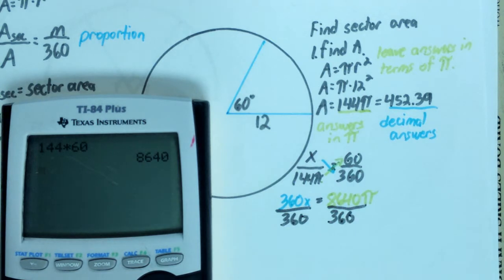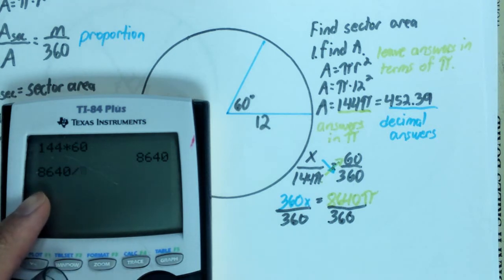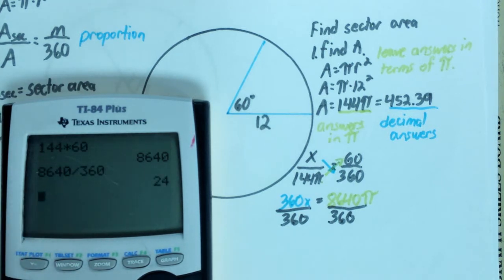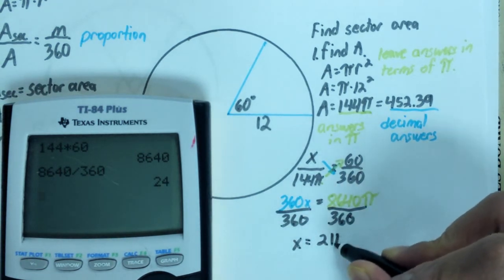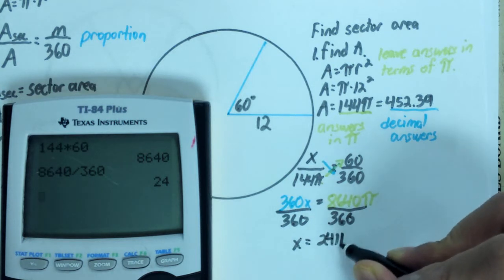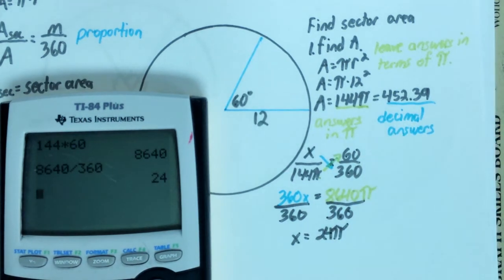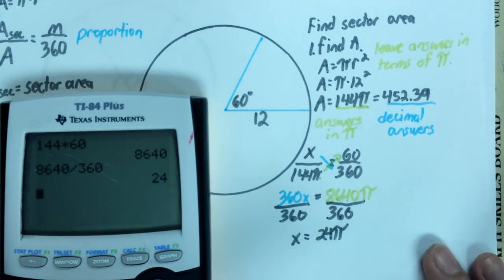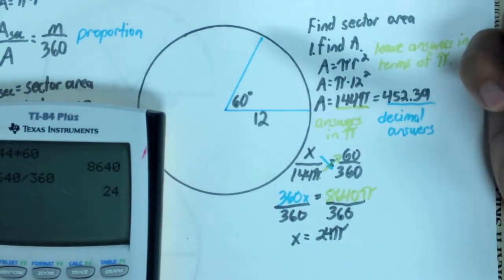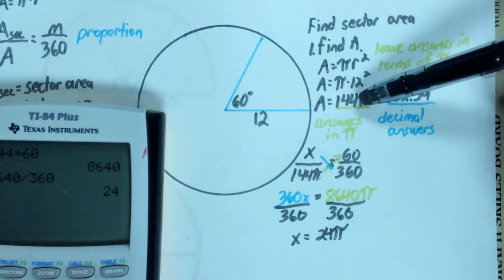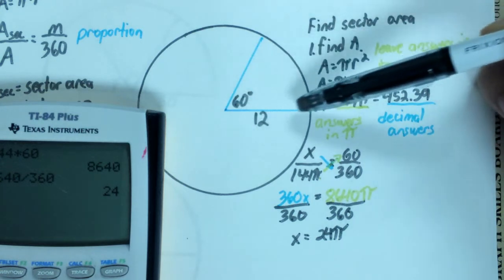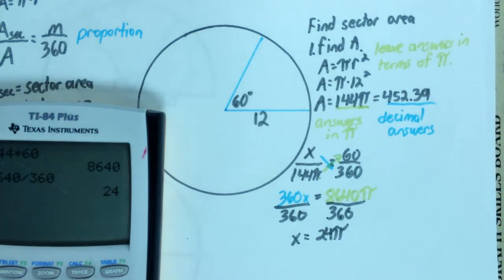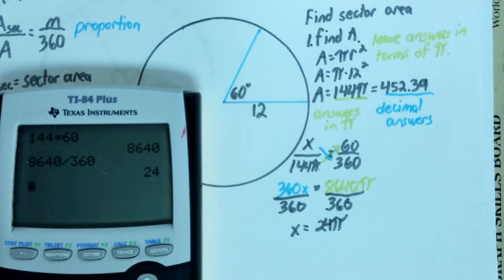When I type that in, I do 8,640 divided by 360, and don't type pi in, to get x equals 24 pi. So what this means is my full circle is 144 pi. This slice of that circle, the area of this part, is 24 pi. That's sector area in a nutshell.